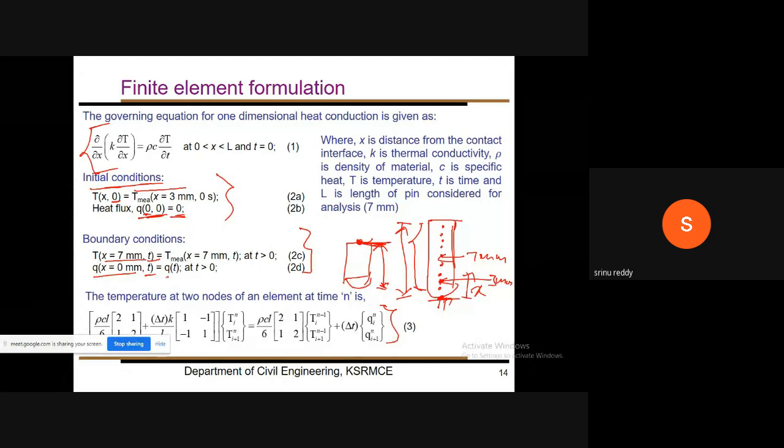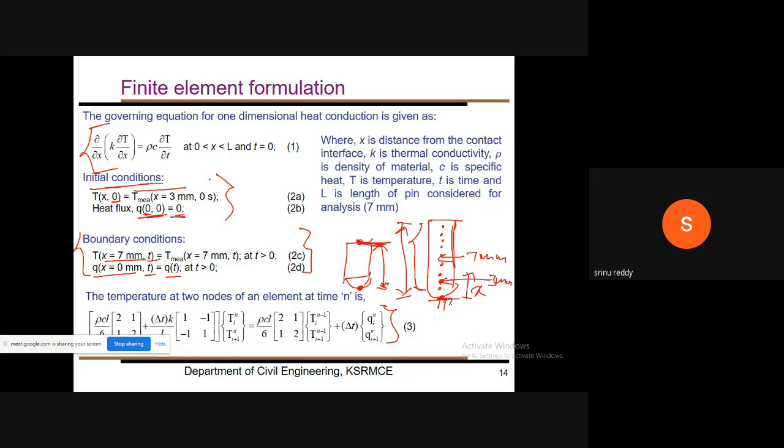So how much it is with respect to time, we are assigning. These are the boundary conditions. Boundary means the initial point and final point. At the initial point we give heat flux, at the final point we give the known temperature. We are forcing that at 7th mm at any cost the temperature should not exceed the measured value. That is what we are doing here.